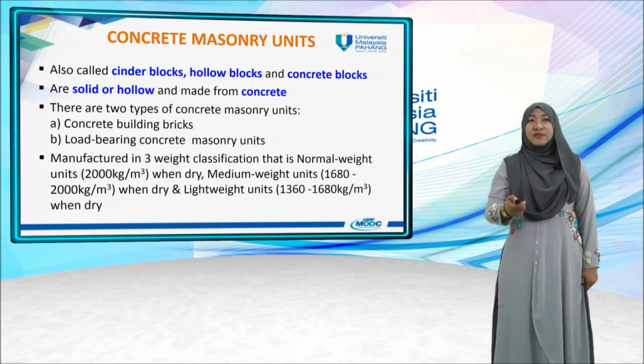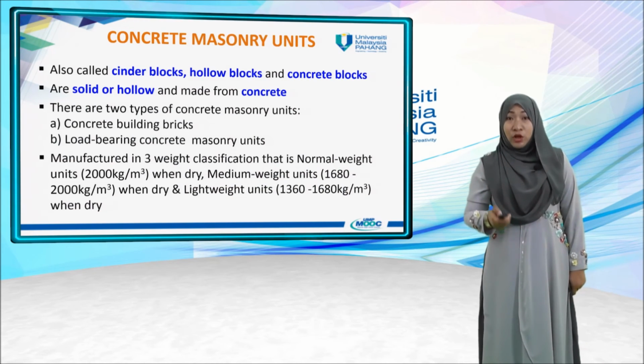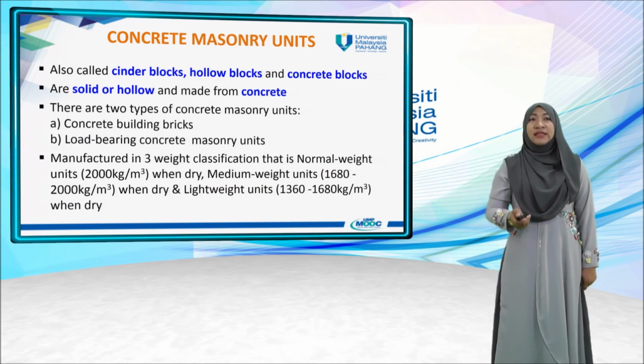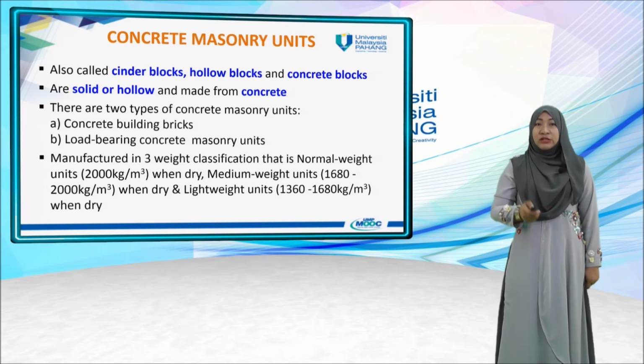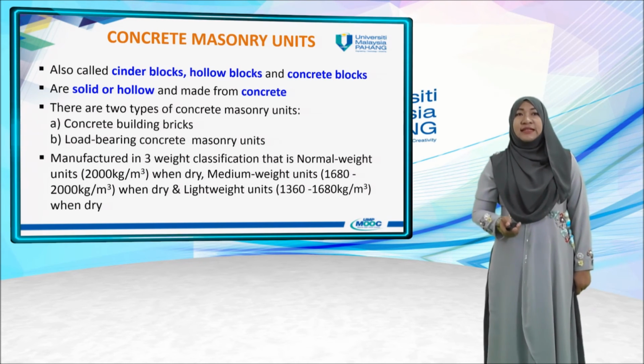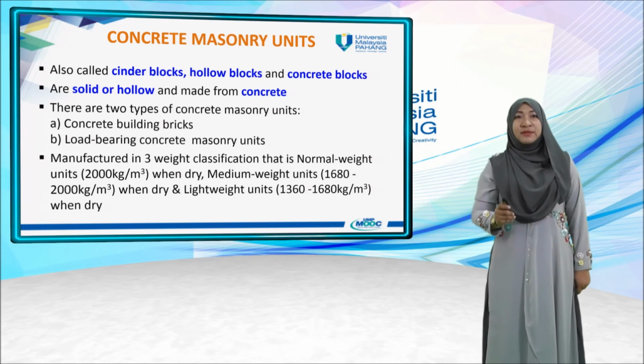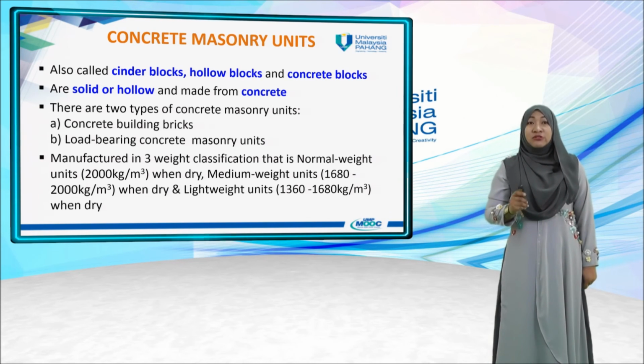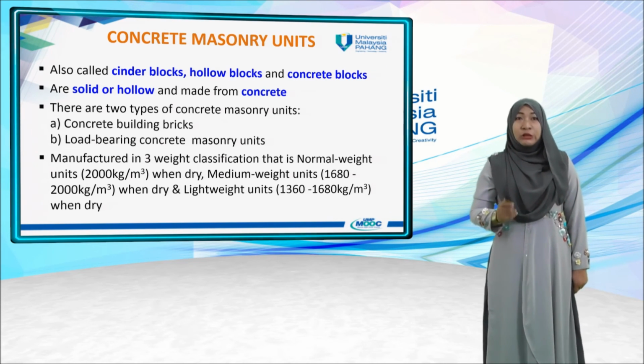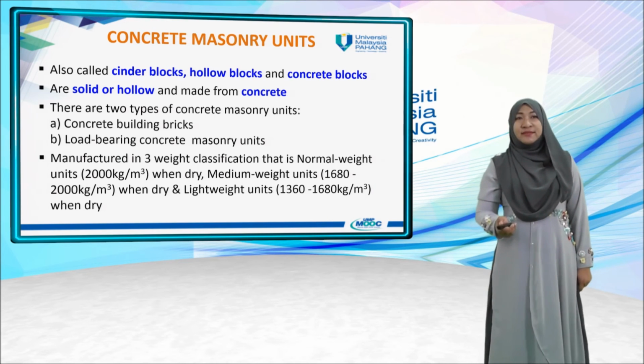Concrete masonry unit is also called cinder blocks, hollow blocks and concrete block, which is solid or hollow and made from concrete. There are two types of concrete masonry unit, which are concrete building bricks and load bearing concrete masonry units.